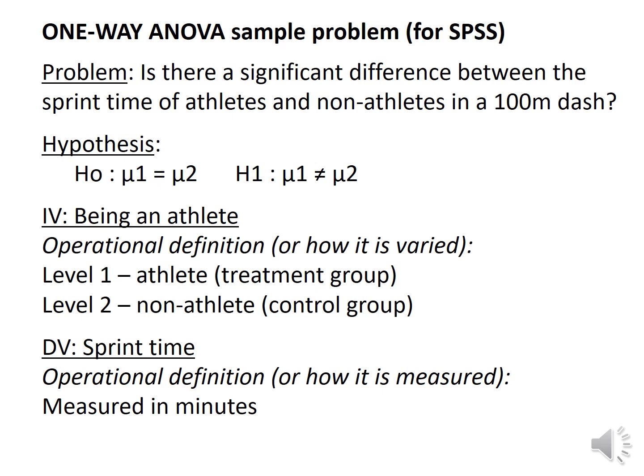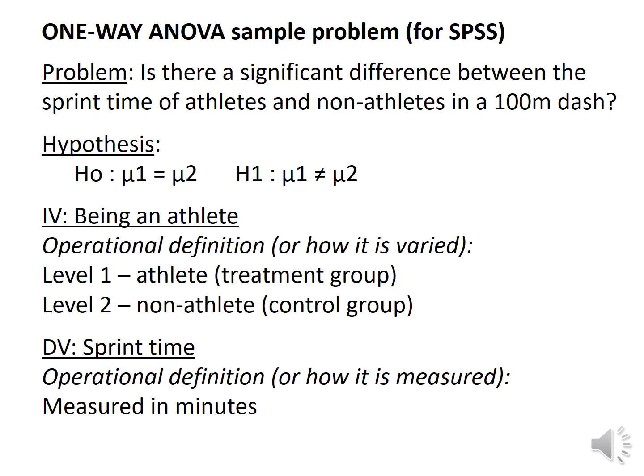So the problem is: is there a significant difference between the sprint time of athletes and non-athletes in a 100-meter dash? The null hypothesis would only indicate equivalence of the means of the first and the second group, and the alternative hypothesis would indicate non-equivalence of the means of the first and the second group.